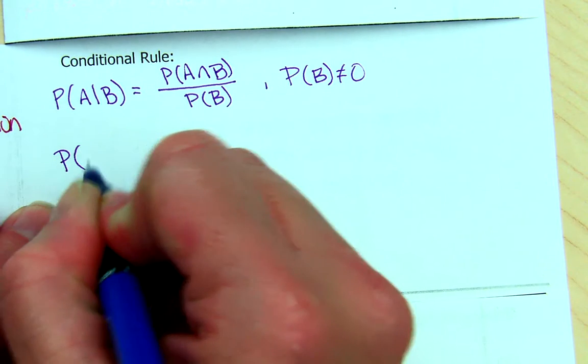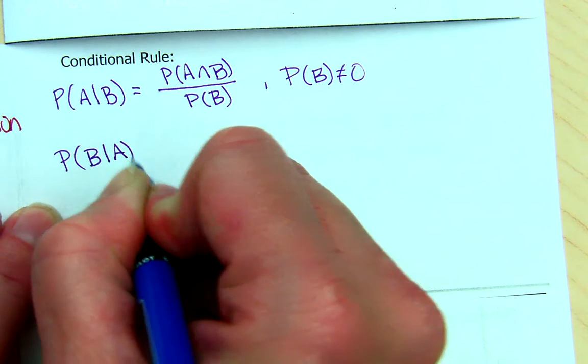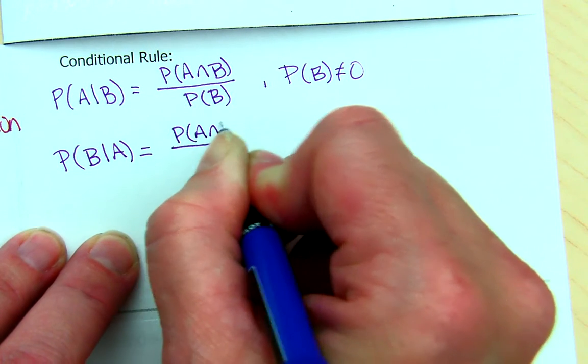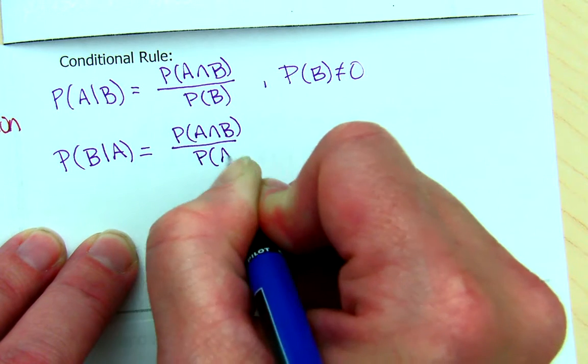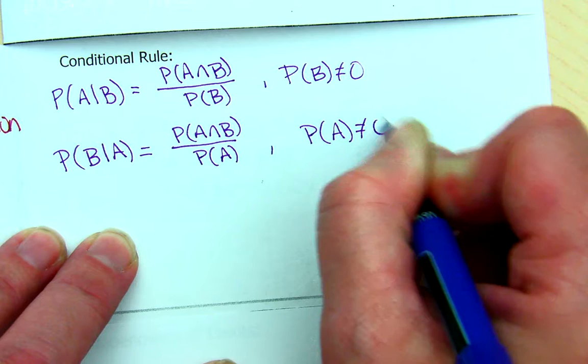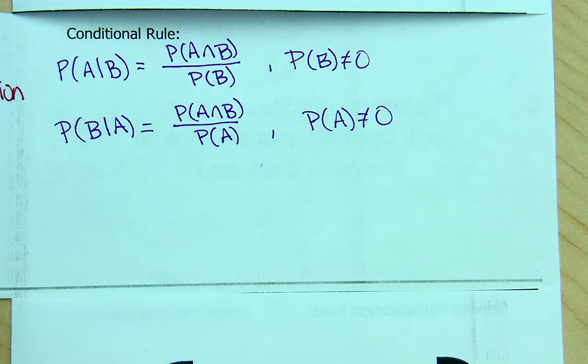If we switch it around and find probability of B given A, we would have probability of A and B over probability of A. And we would know that probability is not 0 as well, because it has happened.